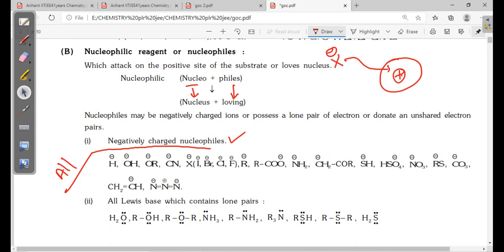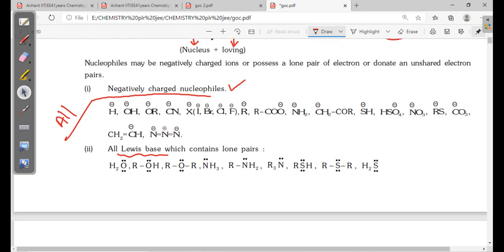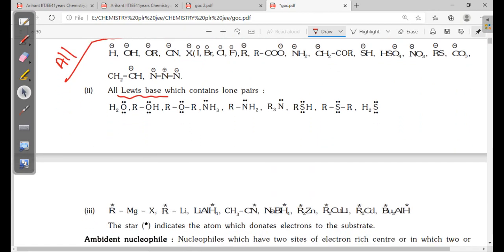As well, some neutral nucleophiles are also present. Those are generally Lewis bases. In the last slide we explained that all Lewis acids are electrophiles. What do Lewis bases mean? A Lewis base can donate an electron pair. So all Lewis bases are nucleophiles.